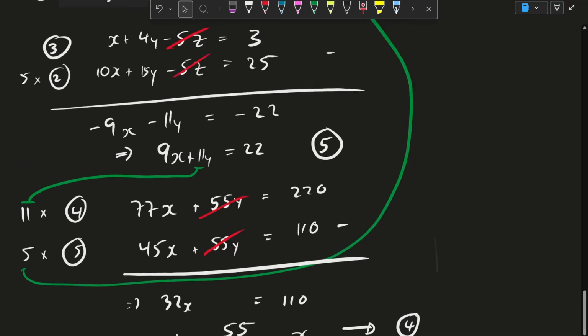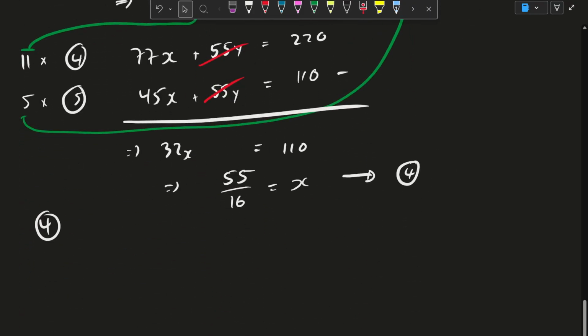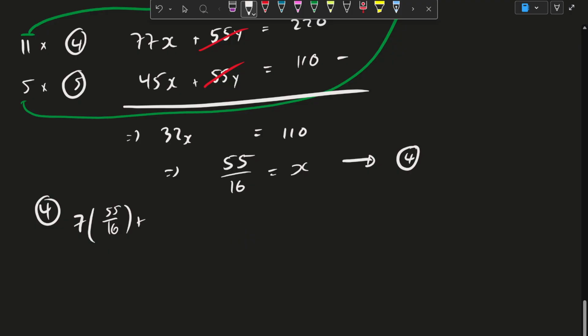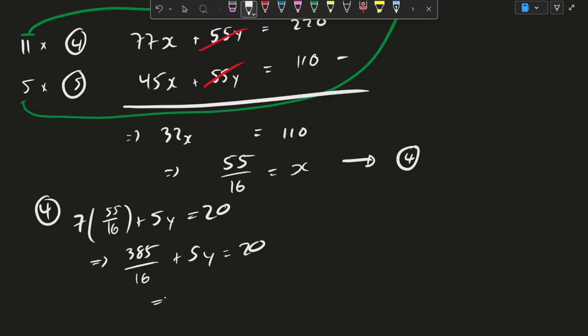So what equation 4 is now going to read is 7 times x, which is 55 over 16, plus 5y equals 20. So we get 385 over 16 plus 5y is equal to 20. So 5y is negative 65 over 16. So dividing that by 5, we get y is minus 13 over 16.